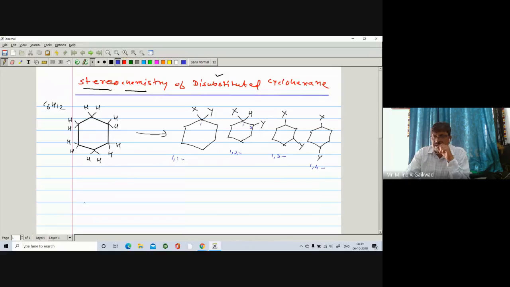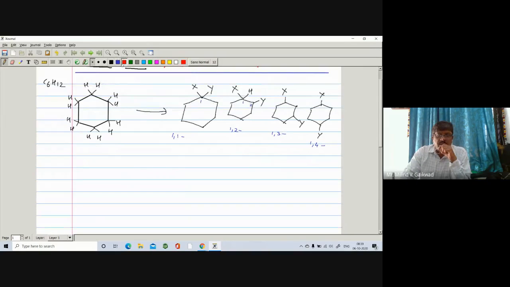Now in this case, the first example is 1 1 disubstituted cyclohexane. So when the two hydrogens from the cyclohexane are replaced by two substituents from one position, it is called a 1 1 disubstituted cyclohexane.